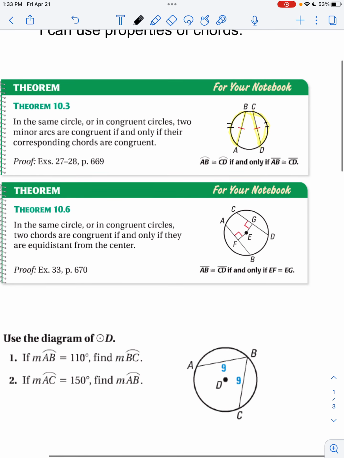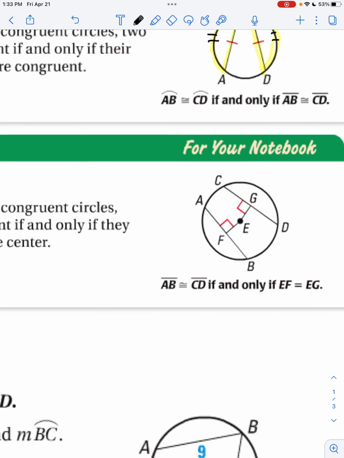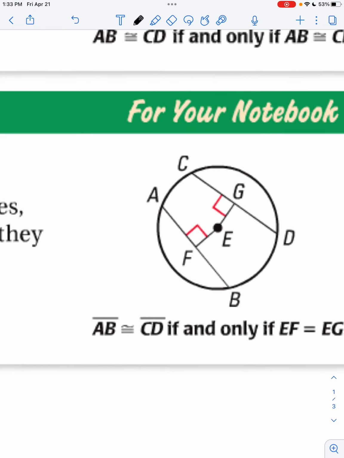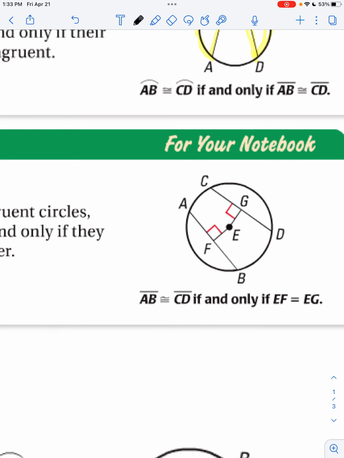In the same circle or in congruent circles, two chords are congruent if and only if they are equidistant from the center. Because the problem tells me that this is a right angle, I know the only way these lines become a right angle is if this line is congruent to this line over here.